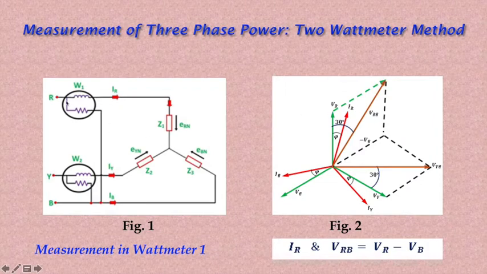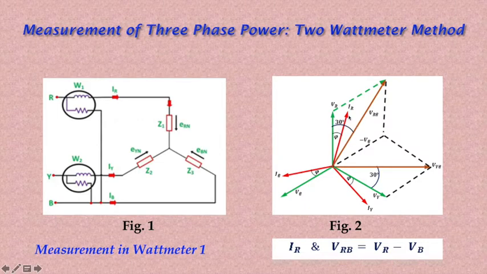So what is this voltage? This voltage is VRB, that means VR minus VB. And what is the angle between VR and VRB? VR and VY have a 120-degree phase difference, and VRB is the bisector of VR and VY's angle. So this angle is 60, this is the 30-degree angle, and this is phi.